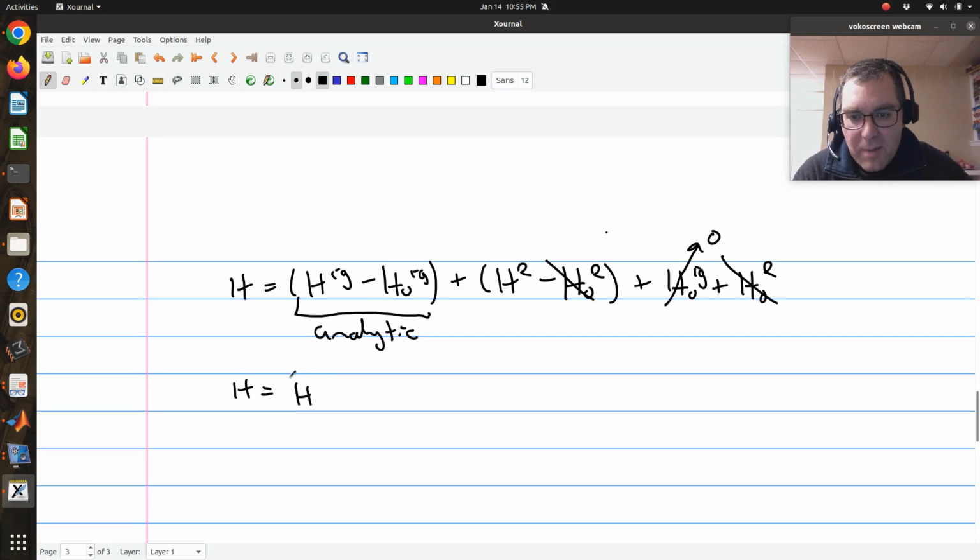I'm just going to keep this as H ideal gas minus H naught ideal gas, plus HR. So this is just HR.